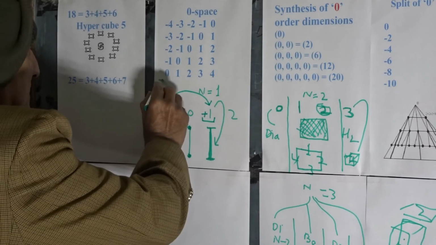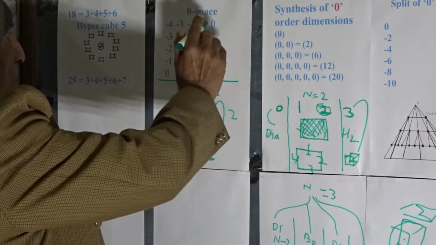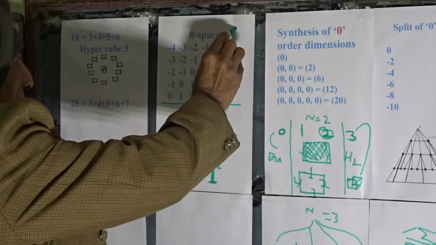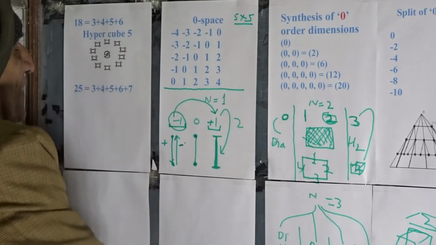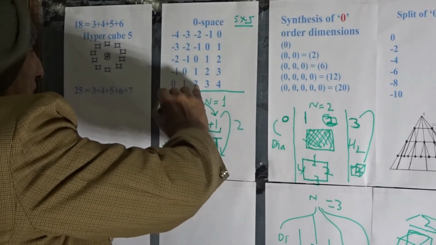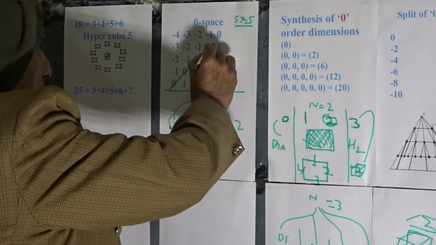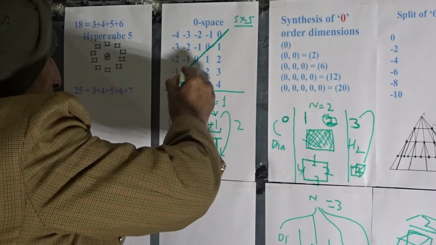Now, let us have a visit to this 5x5 grid. This 5x5 grid has a northeast diagonal where the value remains 0, a constant value.